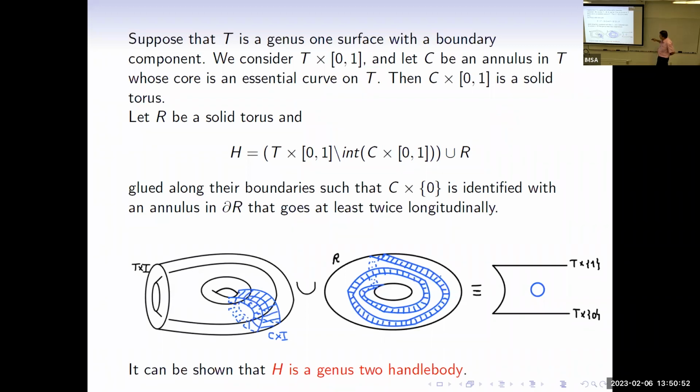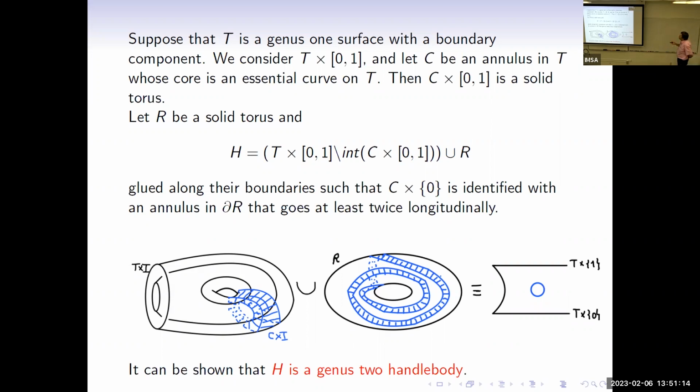Then schematically we show it this way: we have the product, remove a solid torus and put something inside. And this is what Luis called a simple pair.